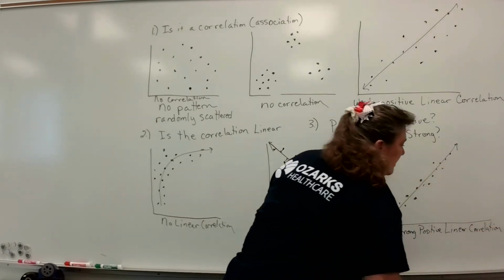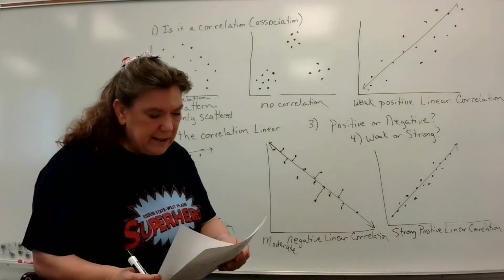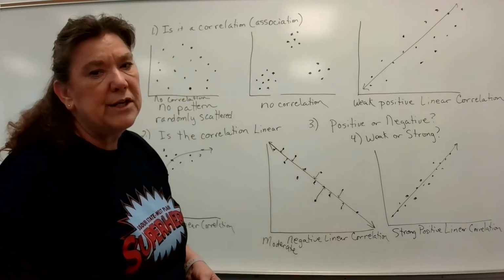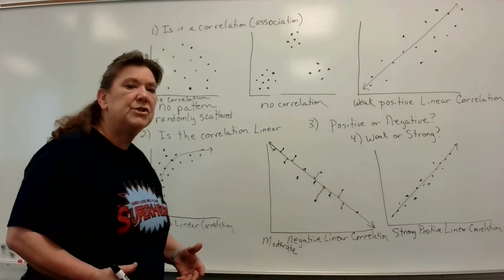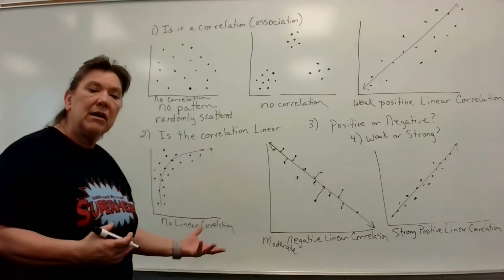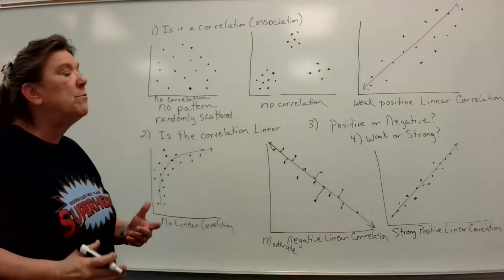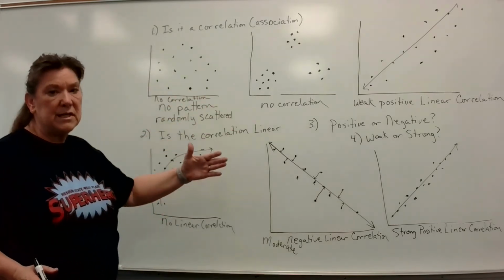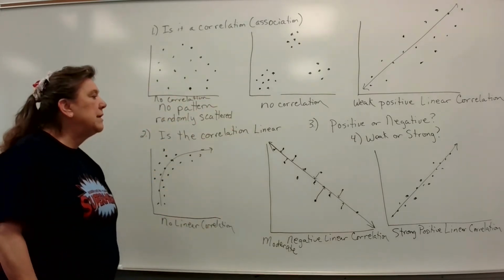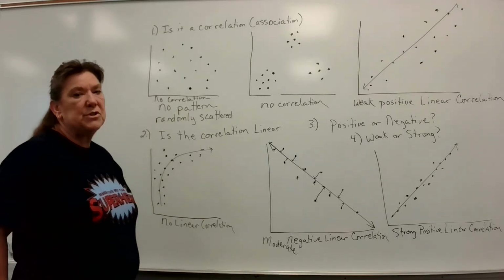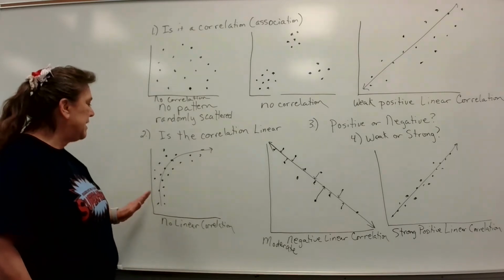So, hopefully this will help you understand a little better what it means when we're talking about correlation, no correlation, strong correlation, linear correlation. It will help you to understand a little bit more what all this is about. And I'm hoping that it will clarify some of your questions as you look at this particular subject in future semesters.